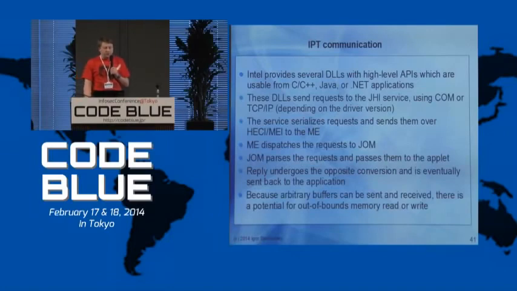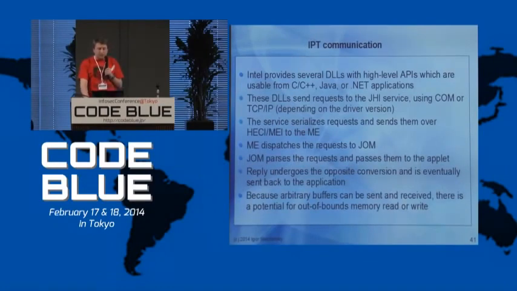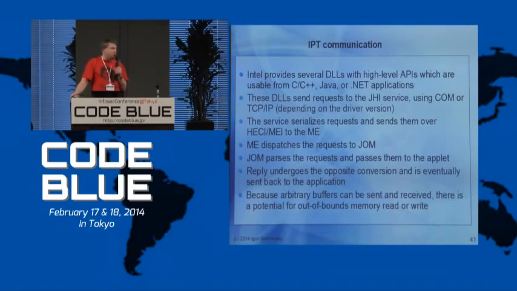What these DLLs do is send a request to the service which is running on your computer, either over COM or TCP/IP. The service takes those requests and serializes them, so they are split into packets, and sends them to the ME over this host embedded control interface, over the PCI to the ME.